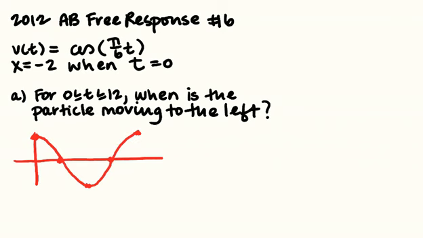And I want to know when the particle's moving to the left. So v of t is going to be less than 0 when t is between these two numbers. So we have to figure out what those numbers are. But those are just the zeros of v. So really, when is cosine equal to 0?